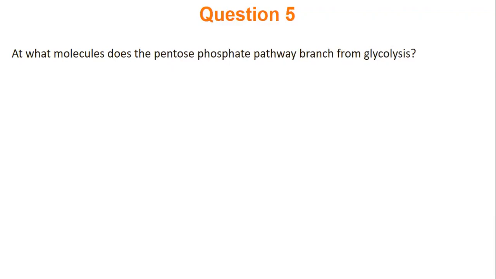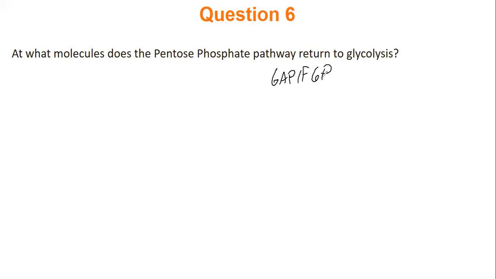Oh, I guess I had separate ones, 5 and 6. My bad. It branches from those 3, but it only returns via GAP, glyceraldehyde phosphate, and fructose 6-phosphate.